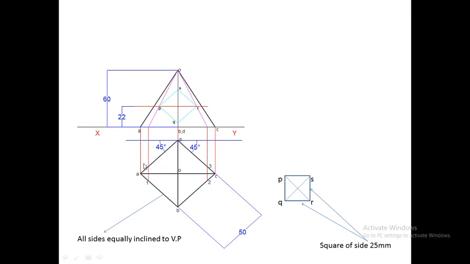These slant edges actually don't exist, but we have drawn imaginary slant edges so that we can mark point P and point R in the lateral surfaces. So besides the 4 slant edges, that is OA, OB, OC and OD, we have marked 4 extra slant edges, O21, O22, O23 and O24.